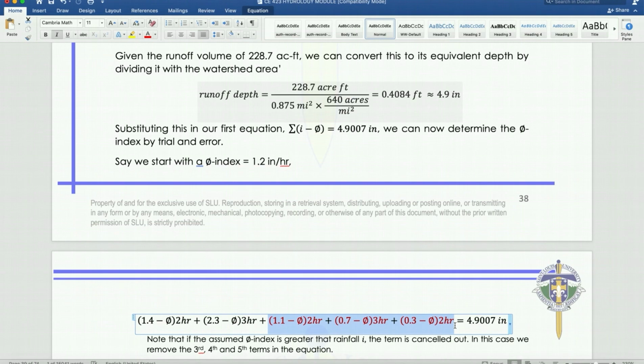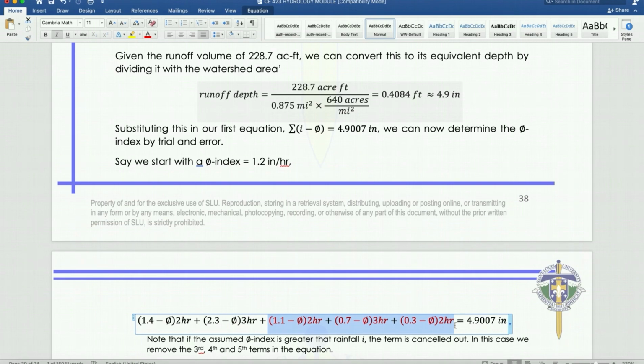1.4 minus alpha x times 2 plus 2.3 minus 1.2 times 3 is equivalent to 4.9. Shift solve. No, wait.